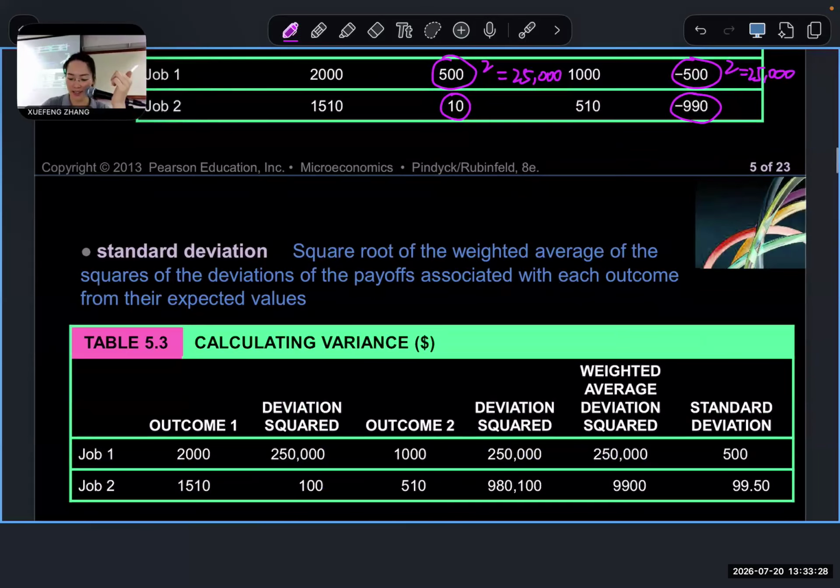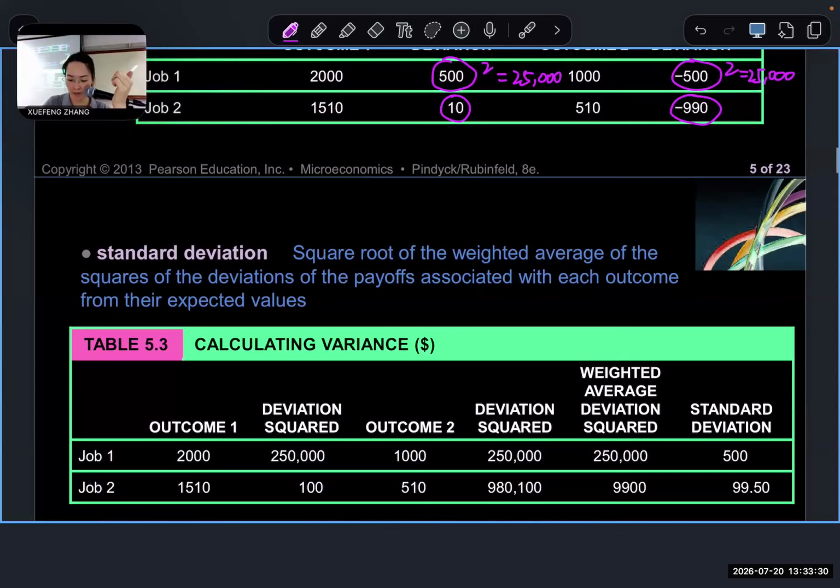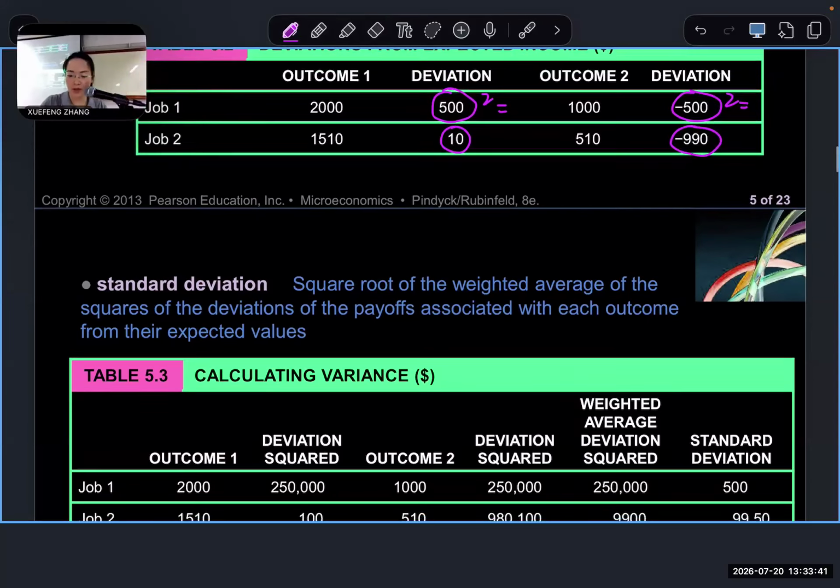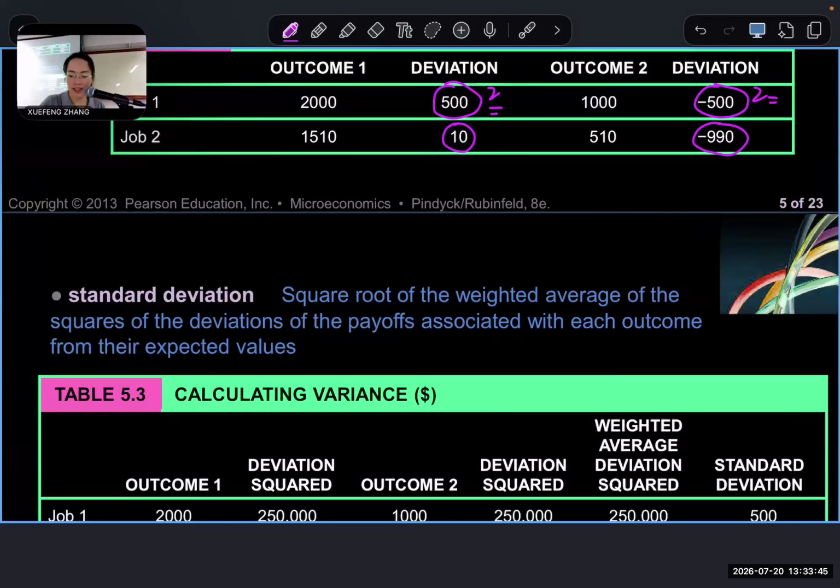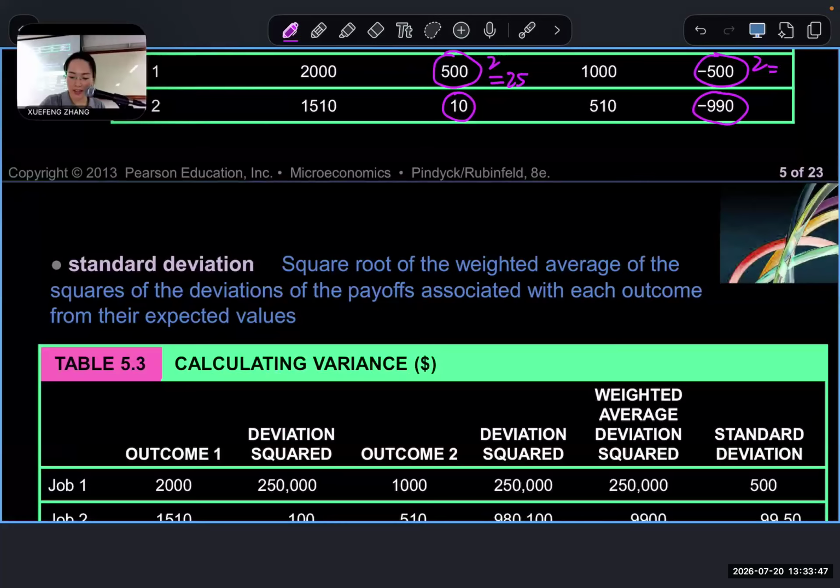All right, so you see here. Something wrong here. Anyone tell me? This is 250,000, okay?